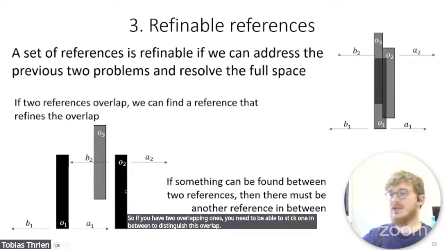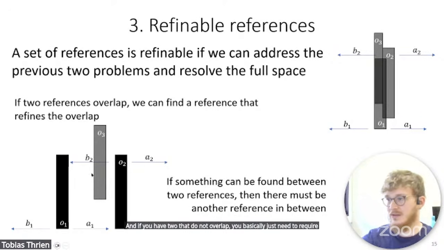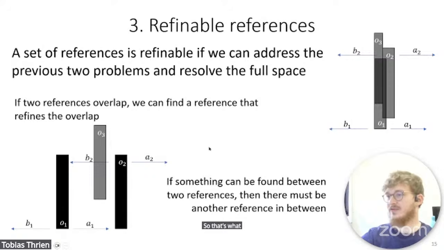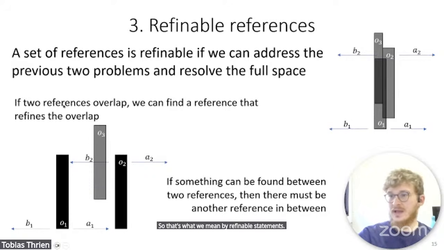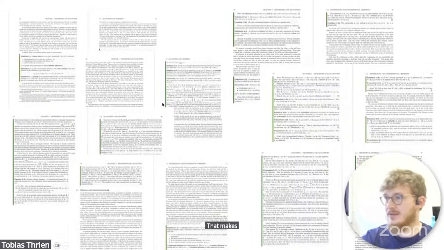And if you have two that do not overlap, you basically just need to require that you can put something in the middle. So that's what we mean by refinable statements. And that makes the third requirement.